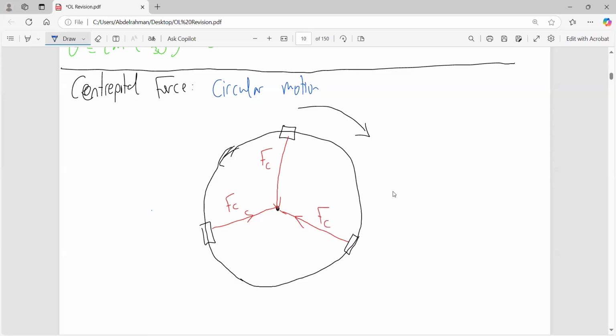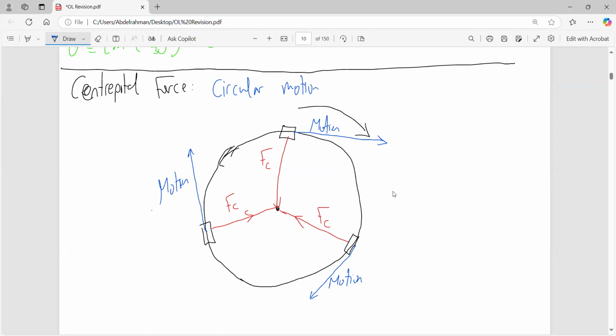The car or the object would move tangent to that point. So this is the motion of the object at that point. At this point, the motion would be in this direction. It would be tangent at that point.